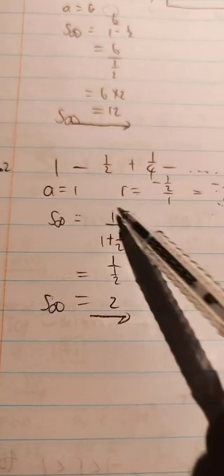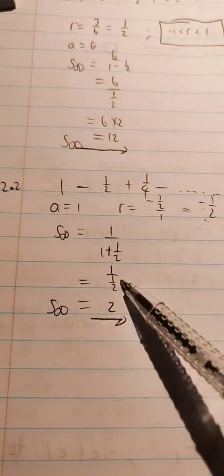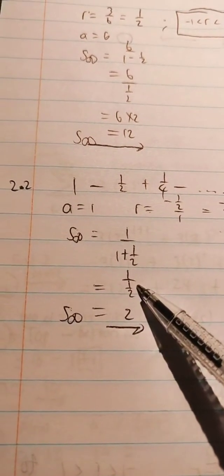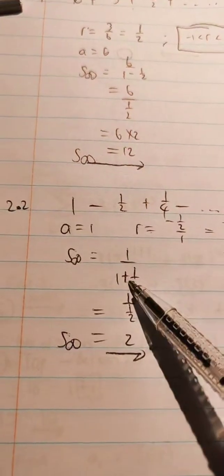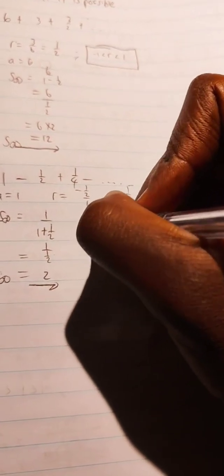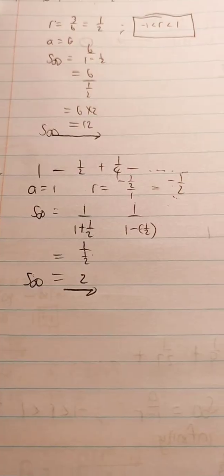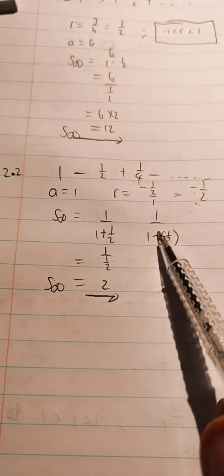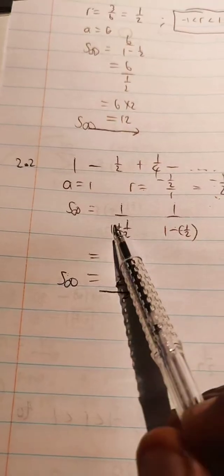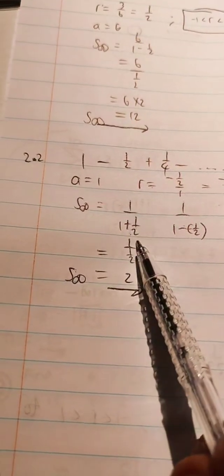Remember the r is negative half. The formula is 1 minus r. So if we have 1 over 1 minus minus half, please be very vigilant there. 1 minus minus half, that's 1 plus half. So that's 2 plus 1, which is 3 over 2.